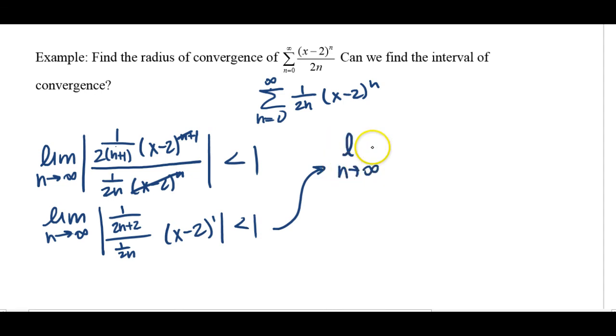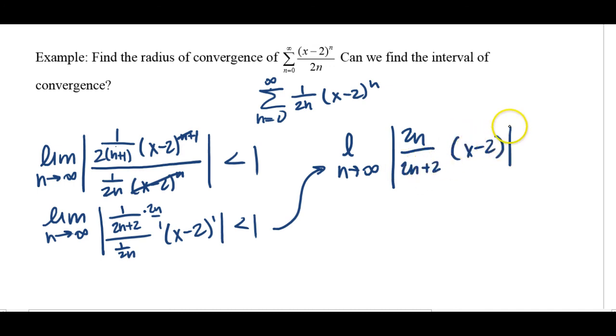The limit as n approaches infinity of the absolute value of, if I multiply by the reciprocal here, 2n over 1, I'm going to get 2n over 2n plus 2 times (x minus 2), that has to be less than 1. So now let's evaluate my limit. As n goes to infinity, I'm only affecting this portion here with n's.